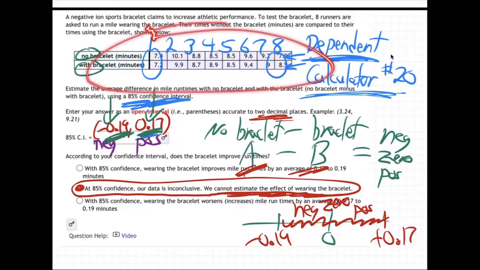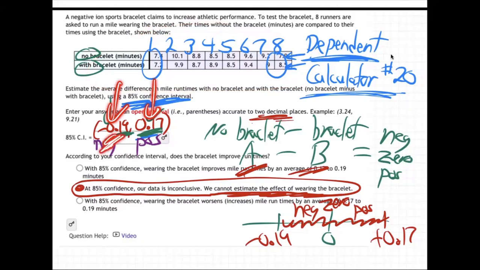We can't tell if the bracelet's working or not, because with our confidence interval, we're 85% sure that the real average for everybody who tries to use the bracelet, the difference between their bracelet times and no bracelet times, will be somewhere between negative 0.19 and positive 0.17. So it could be negative, could be positive, could be 0 difference. So we just don't know. It's inconclusive. And so there we go. That's how we do that.